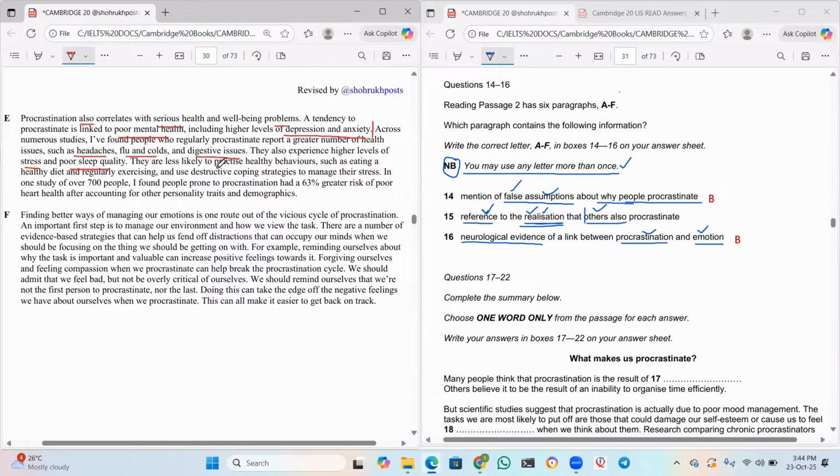They are less likely to practice healthy behaviors such as eating a healthy diet and regularly exercising, and use destructive coping strategies to manage their stress. In one study of over 700 people, those prone to procrastination had a 63% greater risk of poor heart health after accounting for other personality traits and demographics.